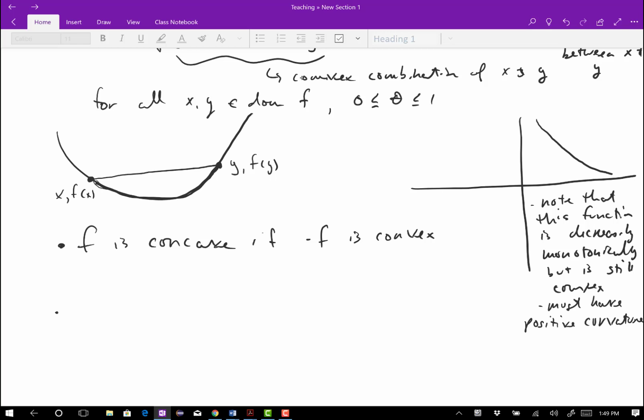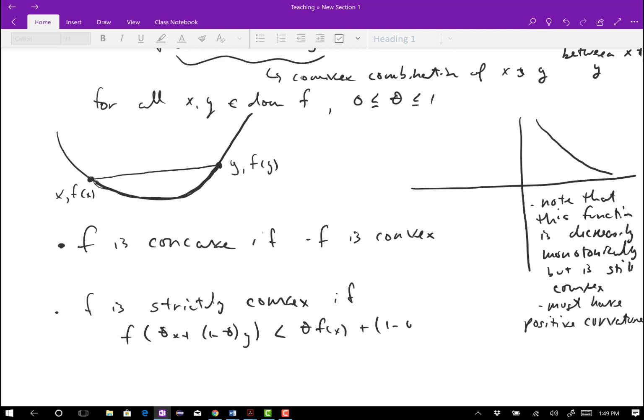Further, we say that f is strictly convex if f of theta x plus 1 minus theta y is strictly less than theta f of x plus 1 minus theta f of y.